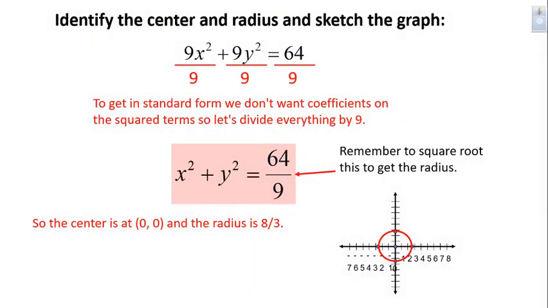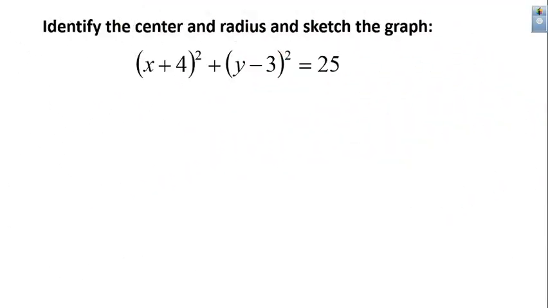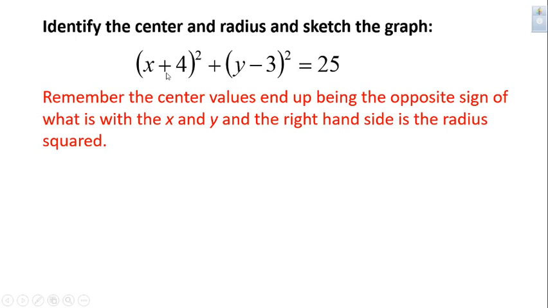Now, let's take a quick look at another example. In this example, we want to identify the center and the radius, and this equation is in center radius form. So it's pretty simple. We know that the center radius form is x minus h squared plus y minus k squared equal to r squared.